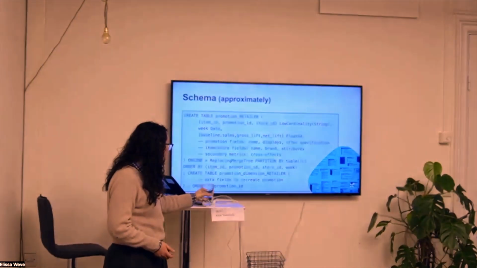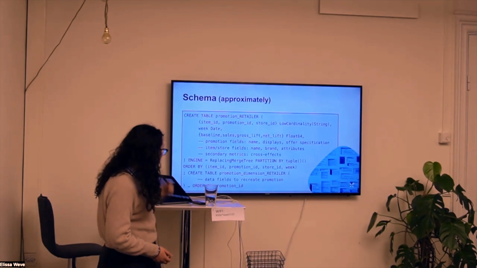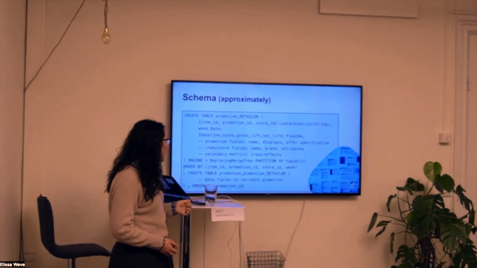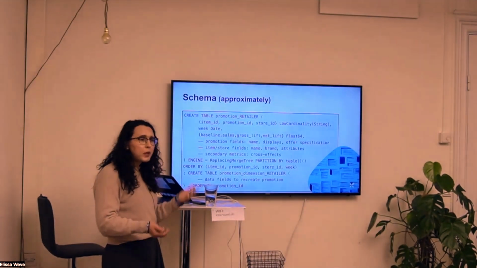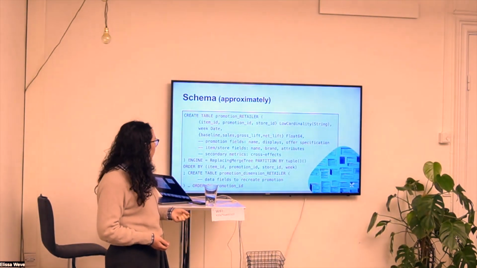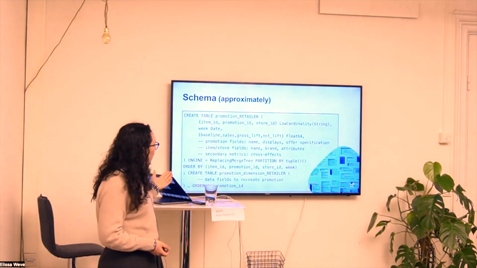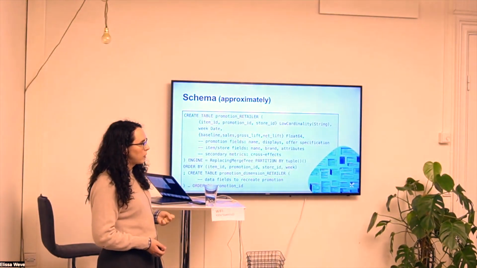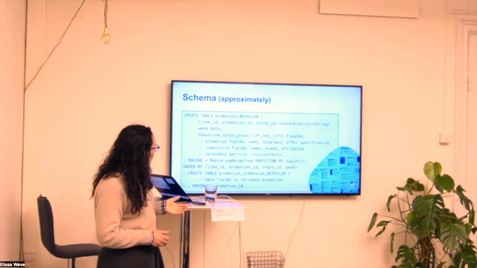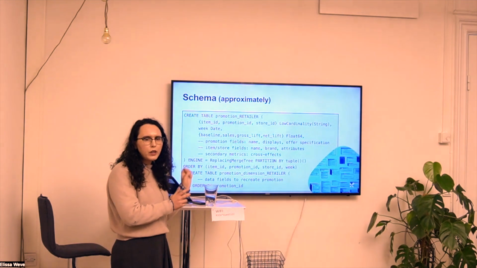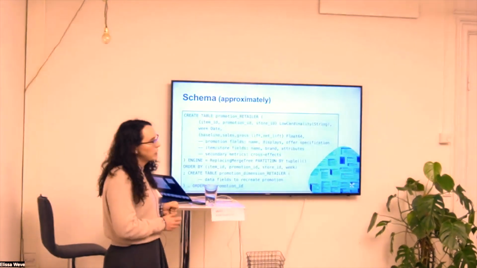We also started storing in a different table for these promotions that is just keyed by the promotion ID, which is more of a dimension table for the promotions, where we have some of these filters, but it's really meant for these CRUD operations that we'll introduce. So as you can imagine, we have some kind of specification for a promotion when you want to create it, and that gets stored into this dimension table.